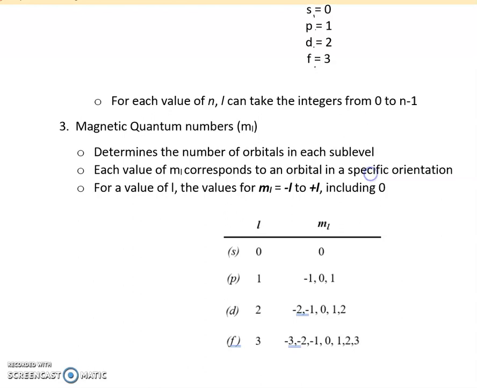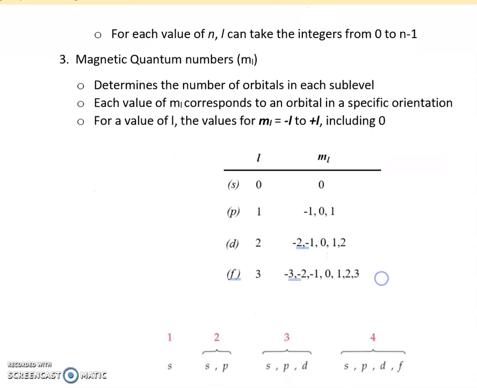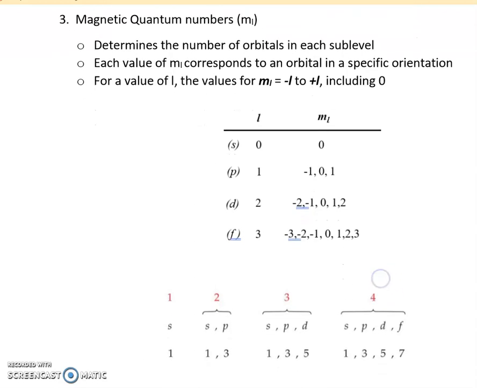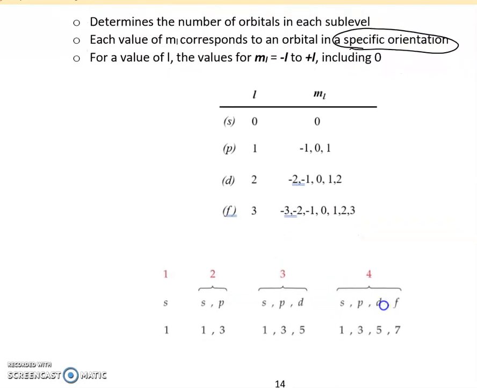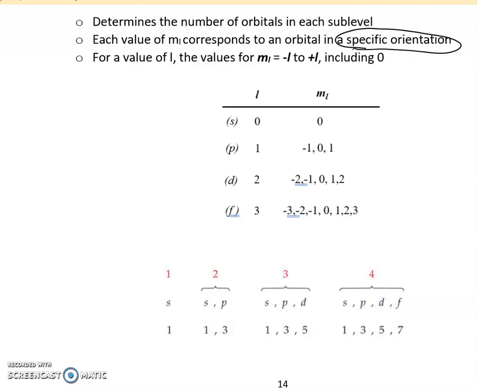Now let's move on to our magnetic quantum number. So this determines the number of orbitals and orientations in each sublevel. Each value of m sub L, again, has that specific orientation, and I showed you that with the orbitals. And we went over how to calculate m sub L. You go from minus L through 0 to plus L. So for s, it would just be 0.